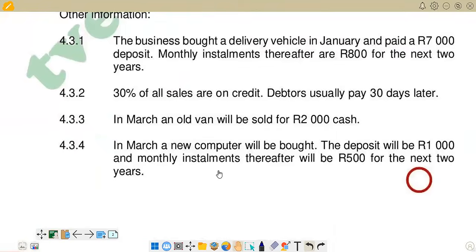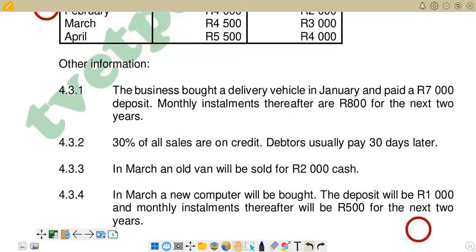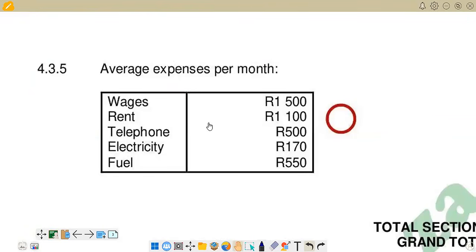If you go to the next page of this question, we have a table showing average expenses per month. These expenses apply to every month. So we can just add them to get the total per month: 1,500 plus 1,100 plus 500 plus 170 plus 550.